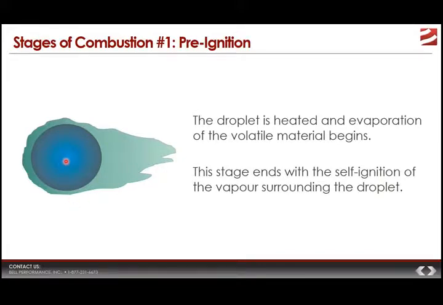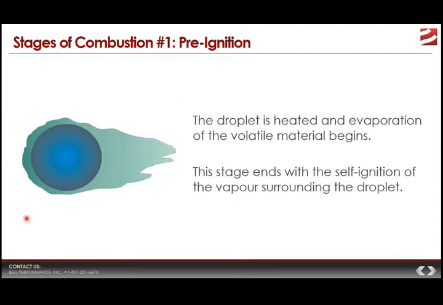So this droplet gets heated, and as it gets heated, some of its more volatile components start to evaporate. And then eventually they reach a point where they evaporate enough that they will actually start to self-ignite, because remember, this droplet's heated, so there's a lot of residual heat that's floating around here.